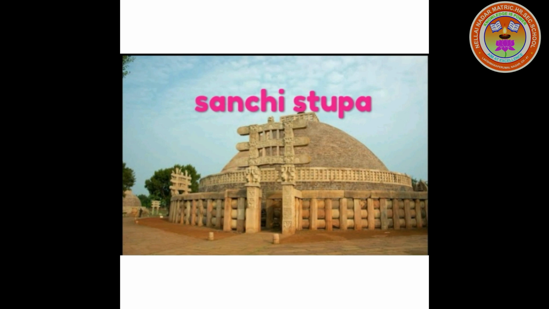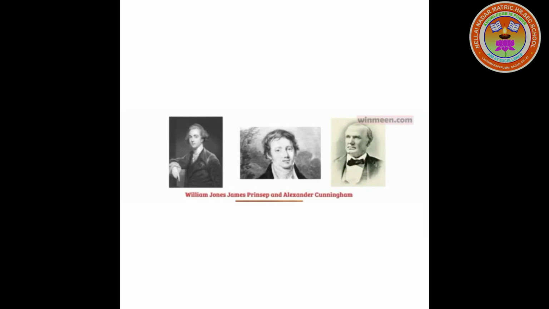So, with the help of the inscriptions found on rocks, Sanchi Stupa and Sarnath pillar, we can understand the greatness of Ashoka. Children, even though Emperor Ashoka was great, his greatness had been unknown until the 19th century. The material evidence provided by William Jones, James Prinsep and Alexander Cunningham revealed the greatness of Emperor Ashoka.